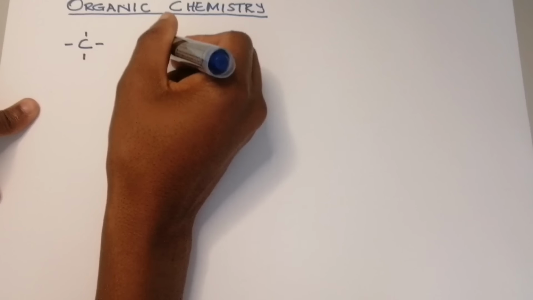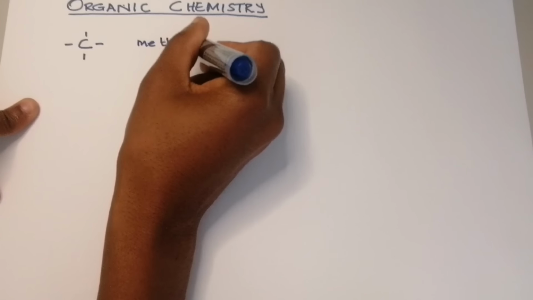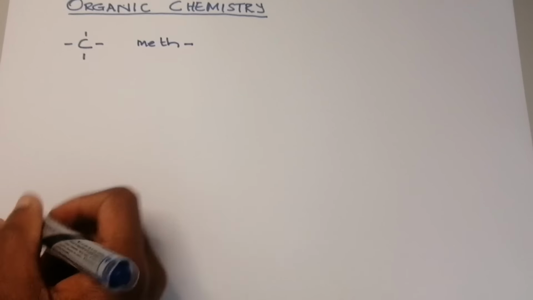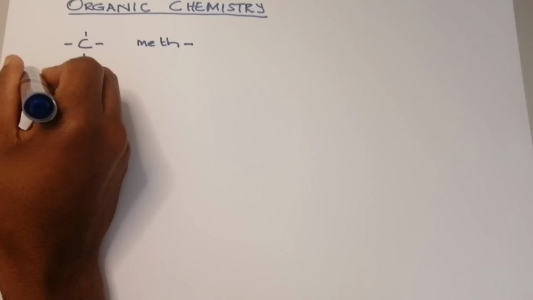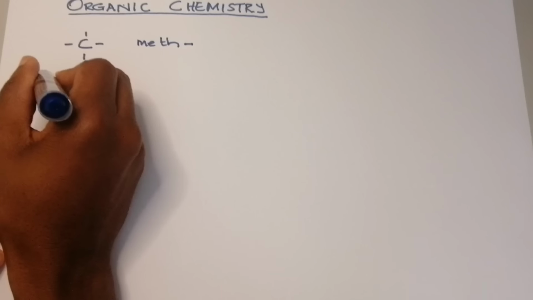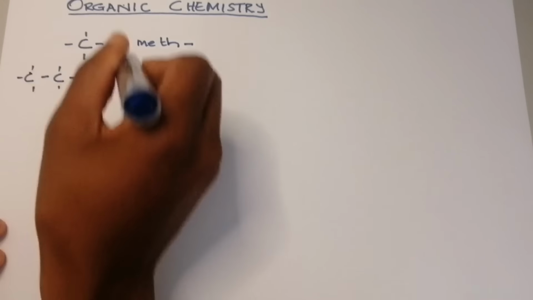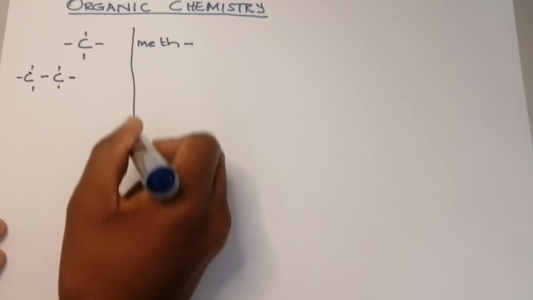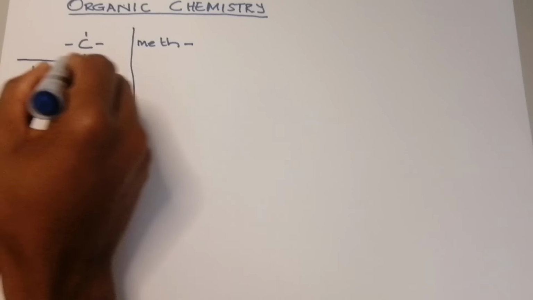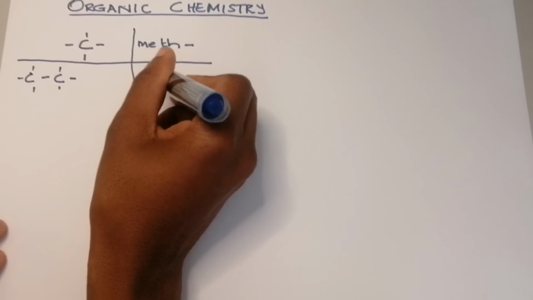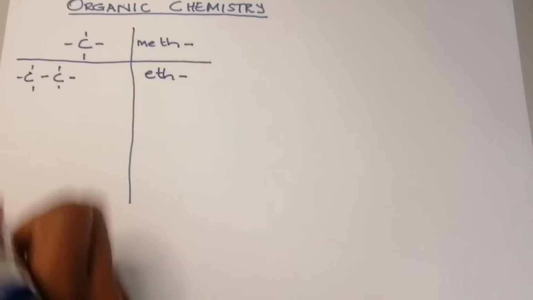So the prefix there should be the prefix meth. So that's our prefix. If I've got 2 carbons in my compound, the prefix that we use is the prefix eth.